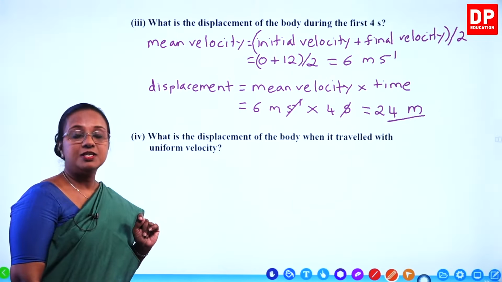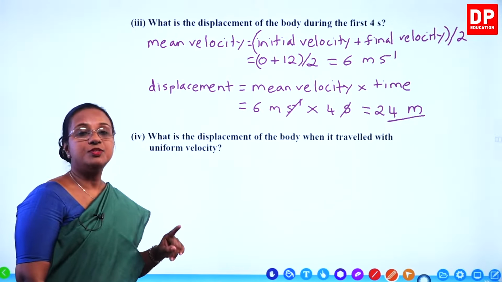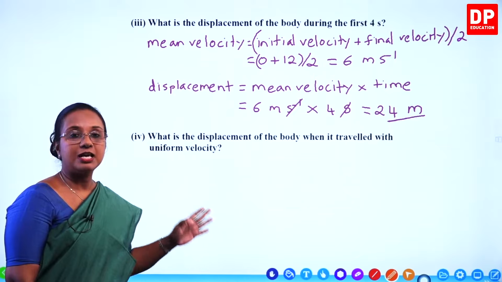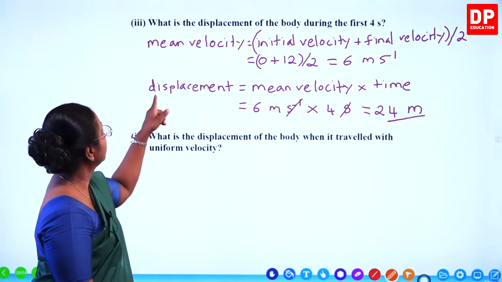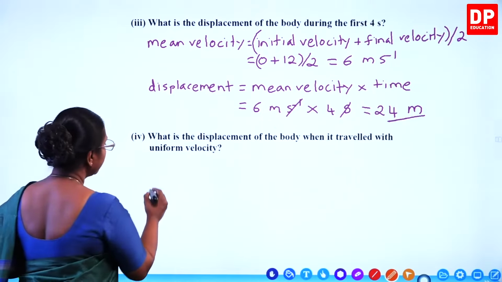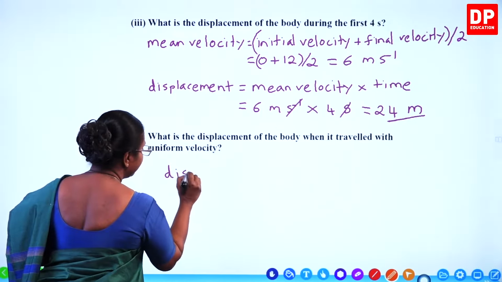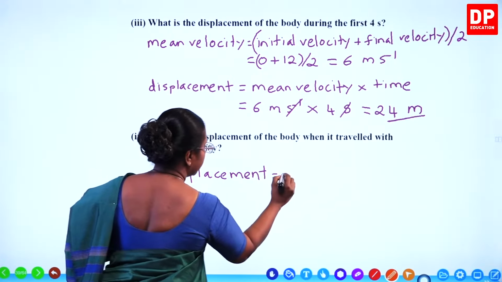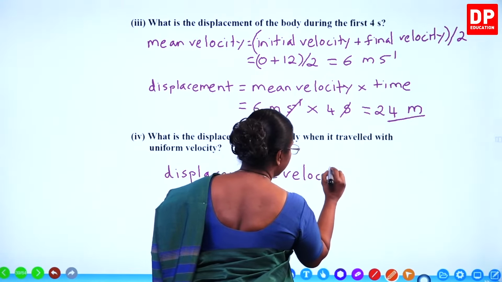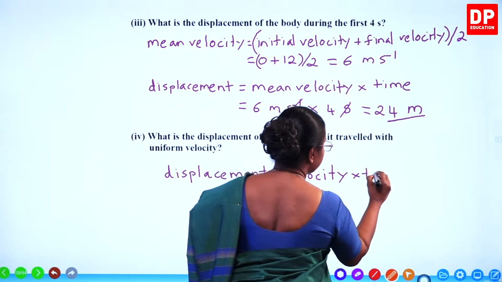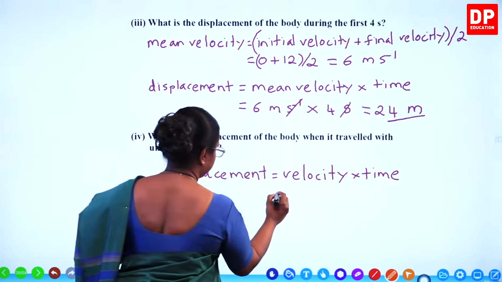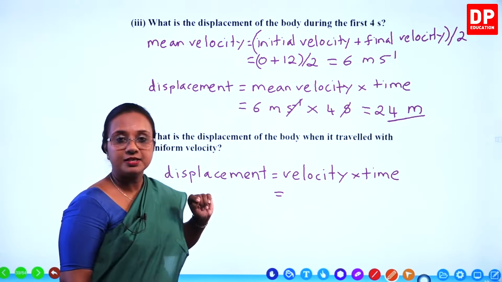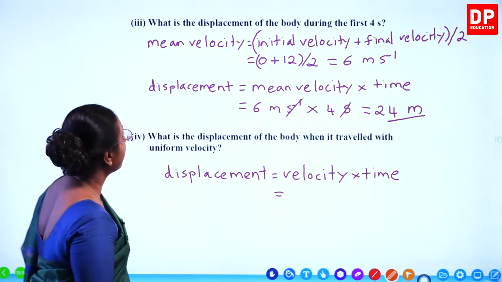Recollect your previous equation, students. When the object travels with uniform velocity, we directly multiply velocity by time to calculate displacement. So here displacement is equal to velocity into time. So the uniform velocity, as you all know, after it reached 12 meters per second, it traveled with uniform velocity.